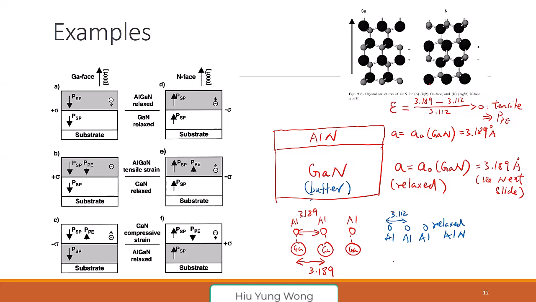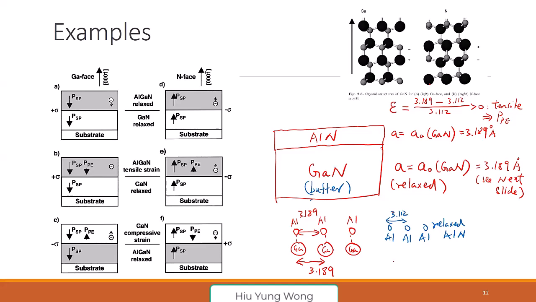So what if I put aluminum nitride at the bottom, but gallium nitride on top? Then aluminum nitride is relaxed, but gallium nitride is compressed to the aluminum nitride. Is that okay? Yes. Okay, great. So this is given to you, okay?